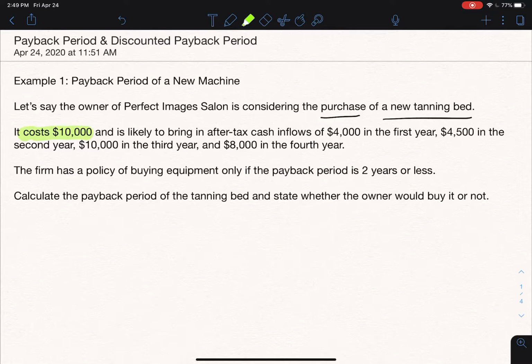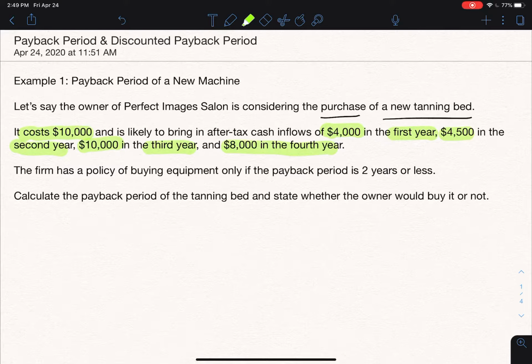And it's likely going to bring in after-tax cash inflows of $4,000 in the first year, $4,500 in the second year, $10,000 in the third year, and $8,000 in the fourth year. Okay, so we're getting a lot of information. Before we get overwhelmed, let's just keep reading to see what we're going to be asked to do with it.